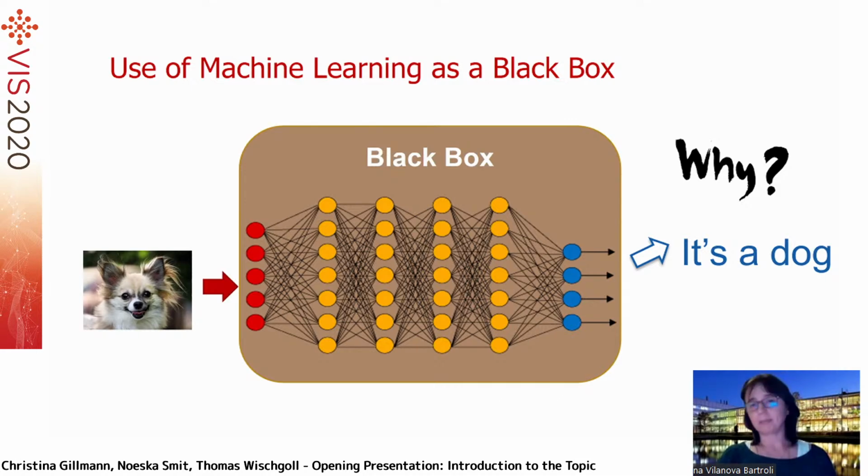And if we are talking about cats and dogs, this is maybe not so important, because if you are happy with knowing that 90% of the times you will get the right result, this doesn't matter.